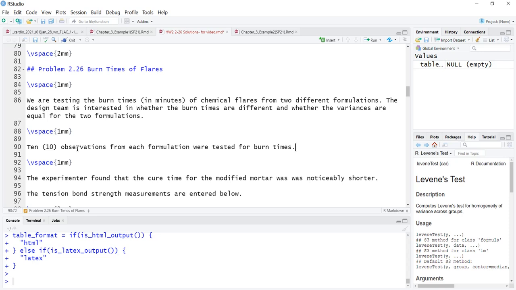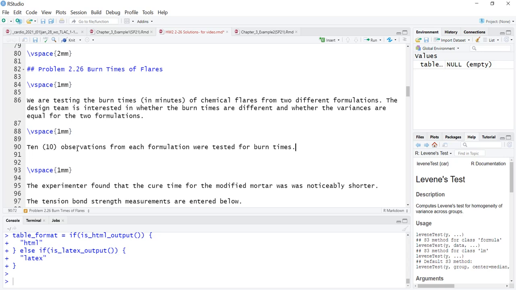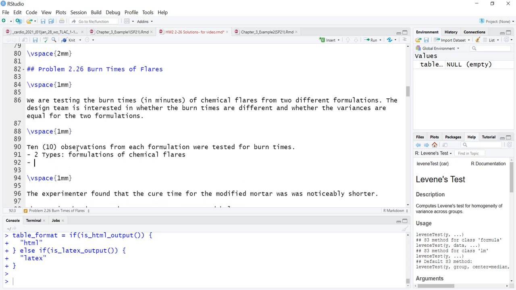So actually, I'm going to put the two spaces here, and then I can put this back, two types, because that's what they call them, two types, formulations of chemical flares, two spaces, and then or two levels, and I'm going to put that in as an emphasis.